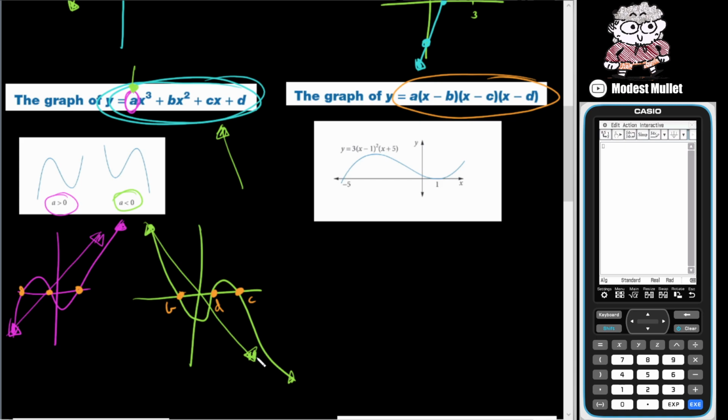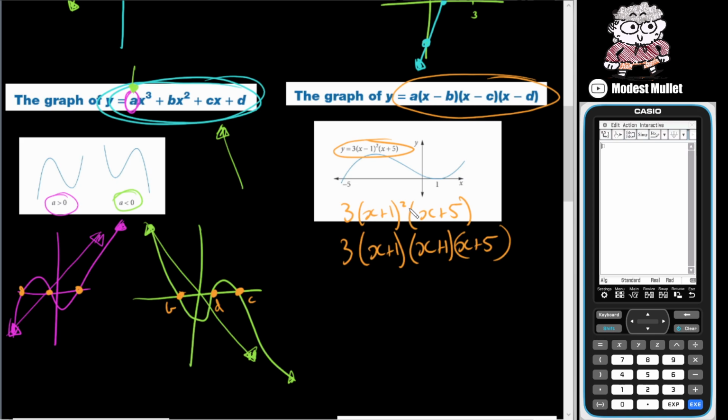There's something that we need to be careful of, and this holds true in quadratics, holds true in cubics, it's going to hold true in quartics and every polynomial, is what happens if you have a repeated factor or intercept. For example, if we have, like in this picture here, 3x plus 1, but that's squared, it's a repeated factor. So this function could have been written as 3x plus 1 bracket x plus 1 bracket x plus 5. But that x plus 1, since it's repeated, we can write it as a square.